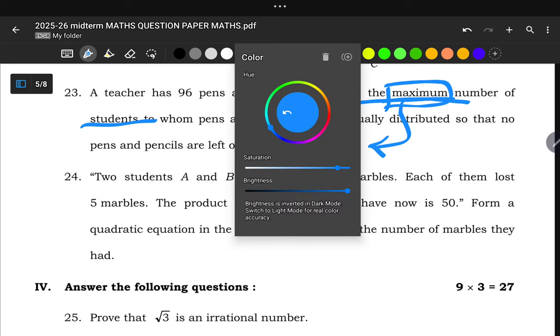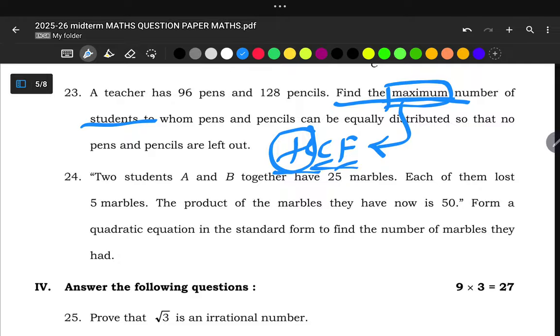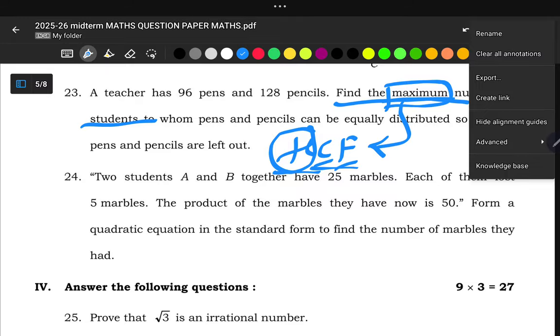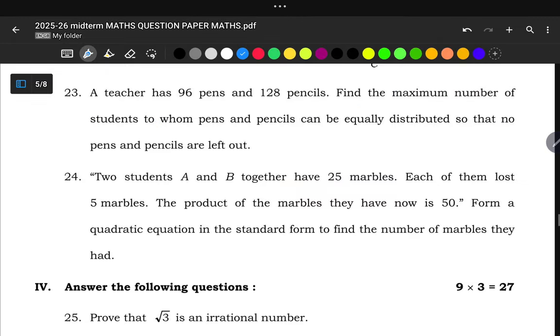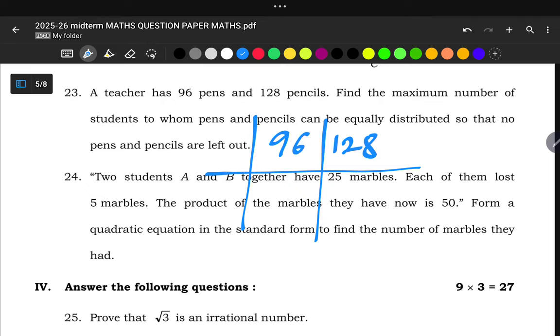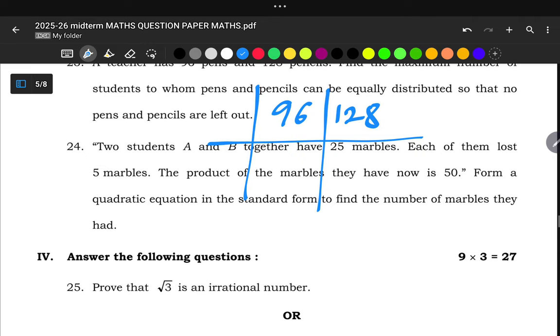Okay. Now find the HCF of 96 and 128. By which number can you divide both of them? By 16.